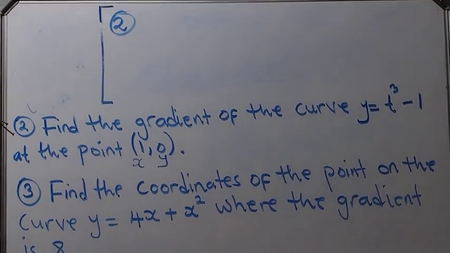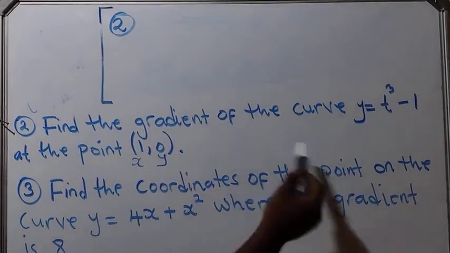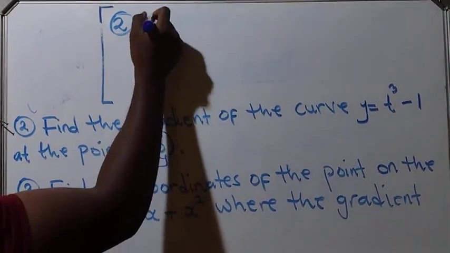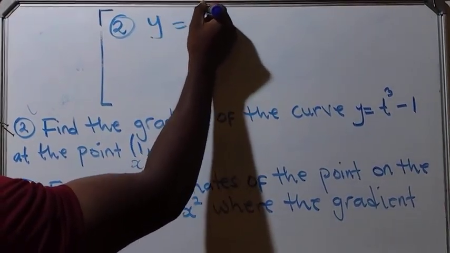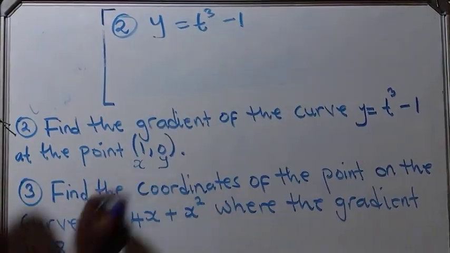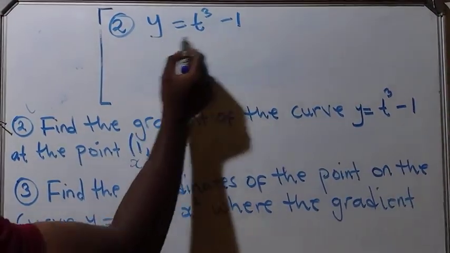In order to find the gradient of this curve, you write the curve you are being given, which is y equals t raised to the power of 3 minus 1. The first thing is to differentiate this function.